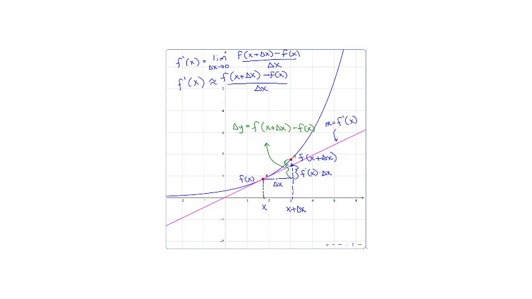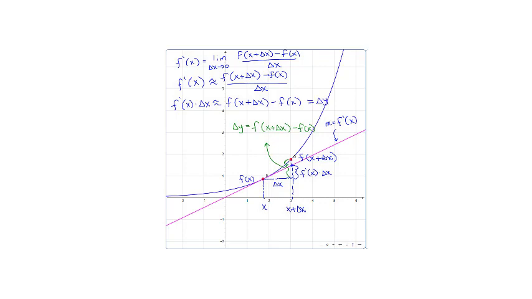Okay, if I manipulate this, I could then say that f prime of x times delta x is approximated, let me be careful there, not say equal, is approximately f of x plus delta x minus f of x, which is what we called delta y.